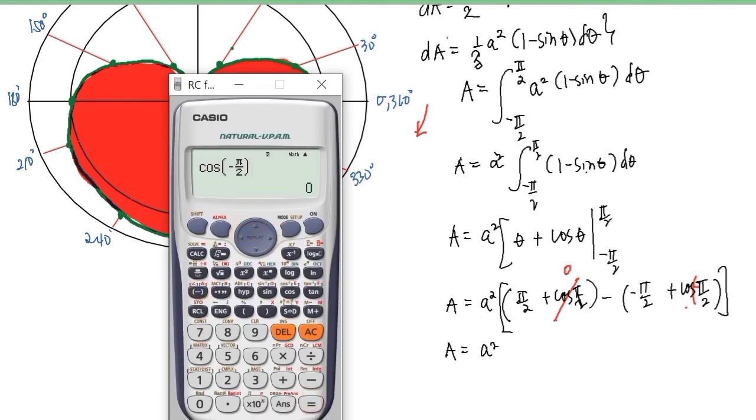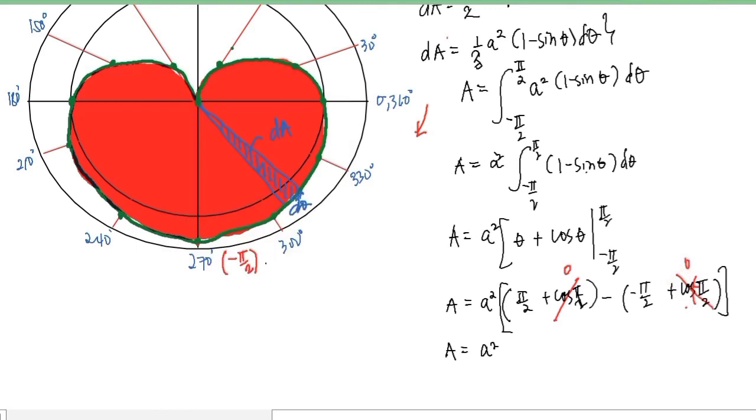That is 0 also. So, magkakaroon tayo ng ito, that's pi over 2. Tapos ito, negative times negative, that's plus pi over 2. So, you would have your area is equal to a squared. Pi over 2 plus pi over 2 is pi, kasi 1/2 plus 1/2 is 1. And this is now your area in square units. So, this is our answer for the area of our cardioid given by the equation a squared times quantity 1 minus sine of theta.